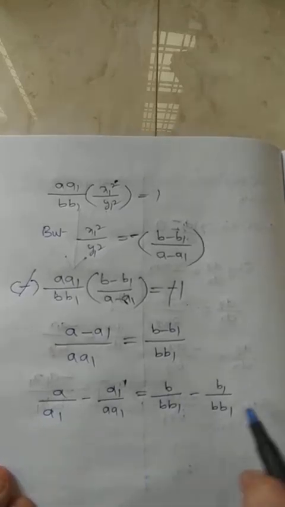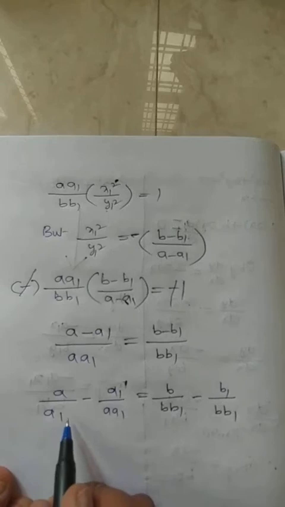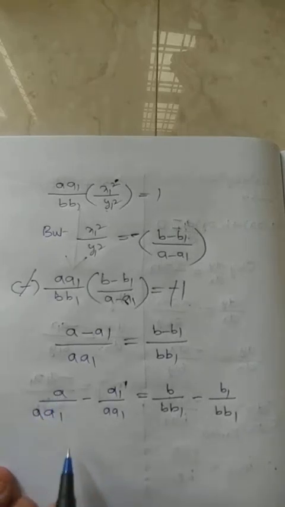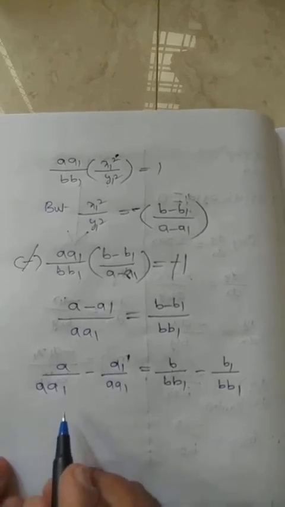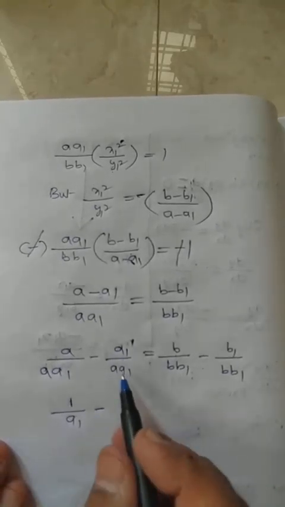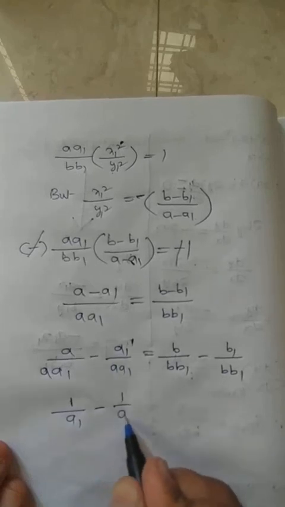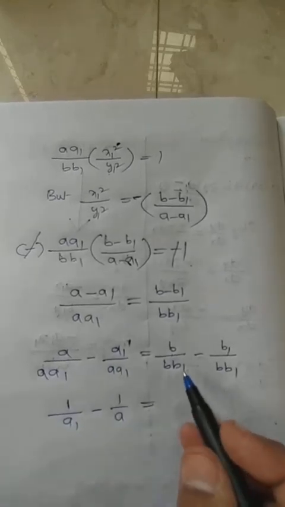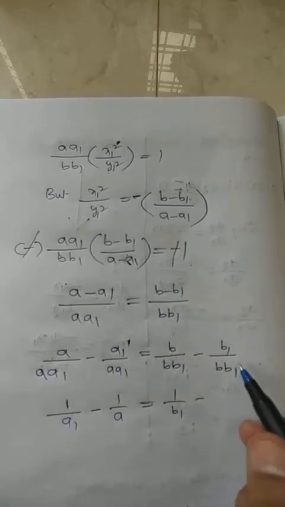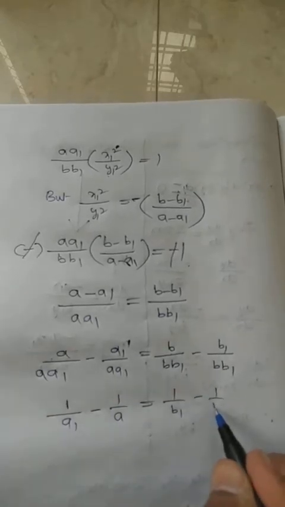So here I am getting a1, and a gets cancelled: 1 by a1 minus, a1 gets cancelled, 1 by a is equal to, here b gets cancelled, 1 by b1 minus, b1 cancels, 1 by b.